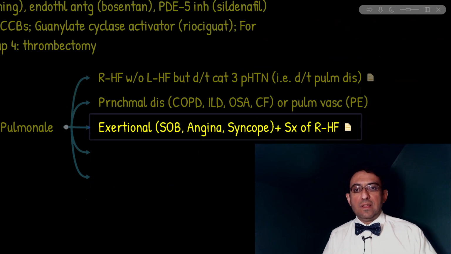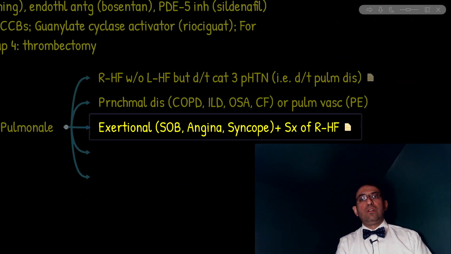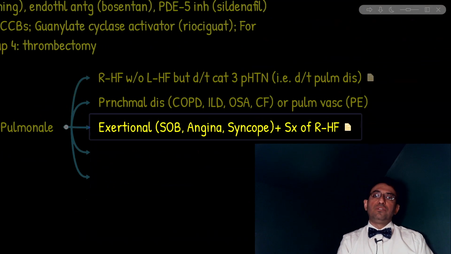Now the important question is, what are the symptoms of cor pulmonale? You can think of it as symptoms of right-sided heart failure. Things like peripheral edema, ascites, hepatomegaly, jugular venous distension. Remember, how do we measure jugular venous distension? The normal jugular venous pressure is up to 8 centimeters of water. Remember that the sternal notch on a patient who is inclined 45 degrees on bed is around 5 centimeters of water.